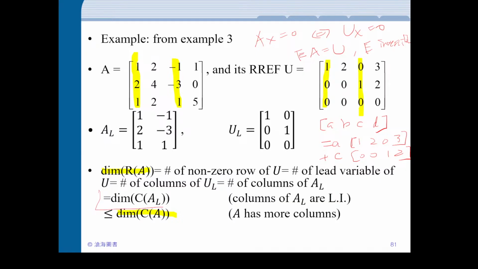Okay, so why is the number of columns here equal to the dimension of the column space of this weird vector space? We'll have two vectors, and we want to say the space those two vectors span has dimension 2, which means that the two vectors are LI.